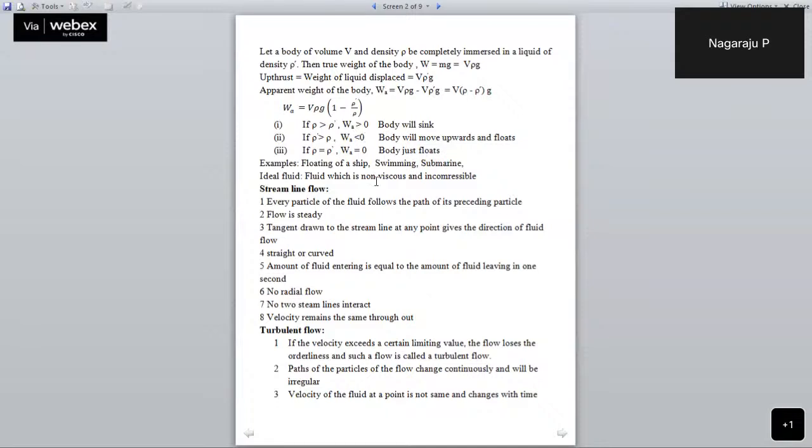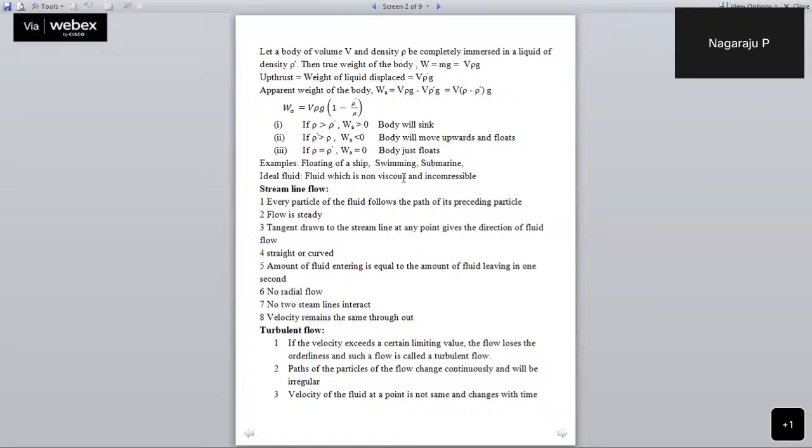And now let me come to what is called an ideal fluid. What we have discussed so far is only a real fluid. Suppose we think of an ideal fluid, the fluid which is non-viscous and incompressible. You know that air is compressible, whereas any solid material is incompressible.